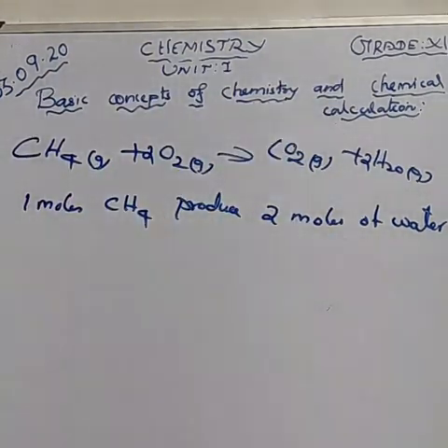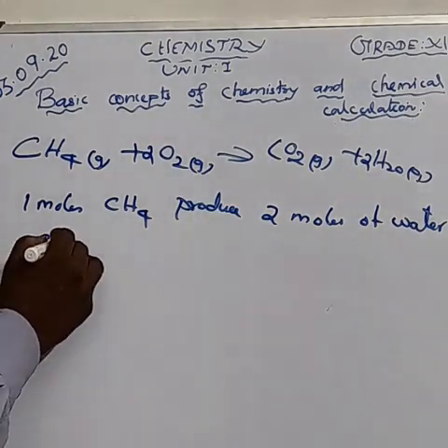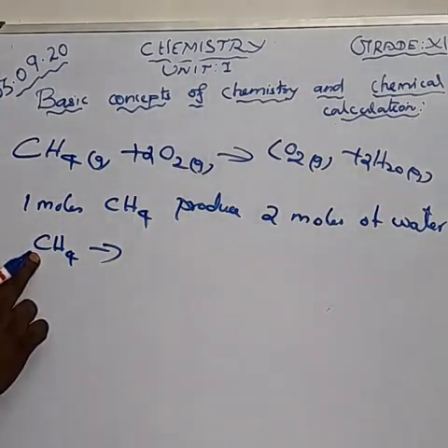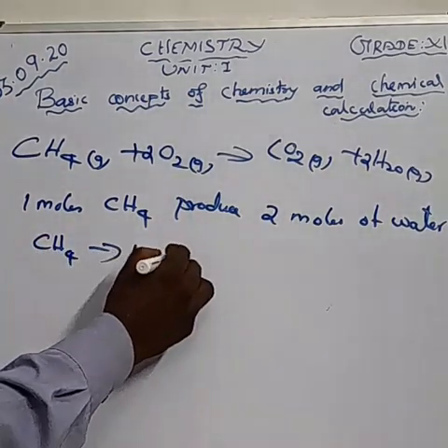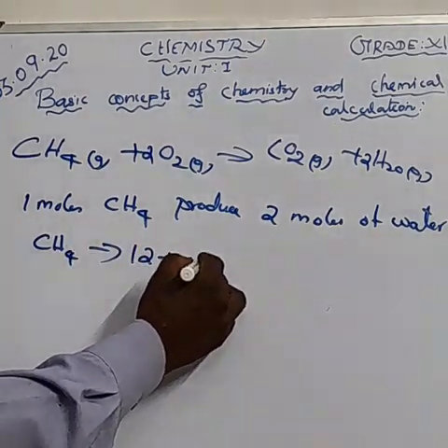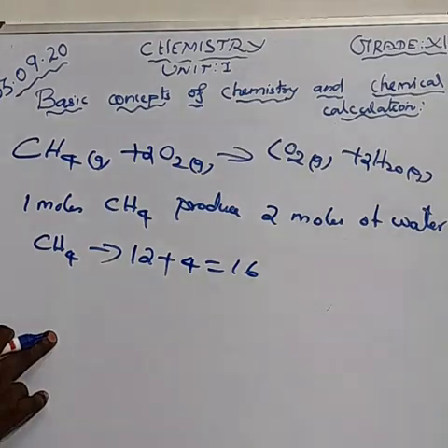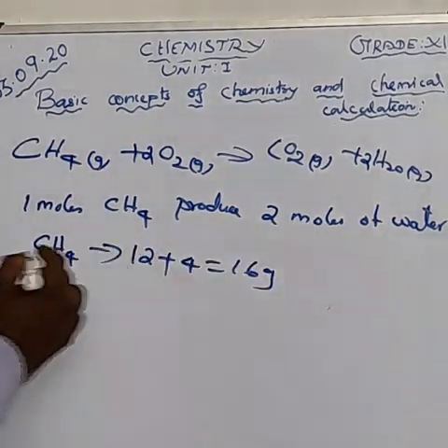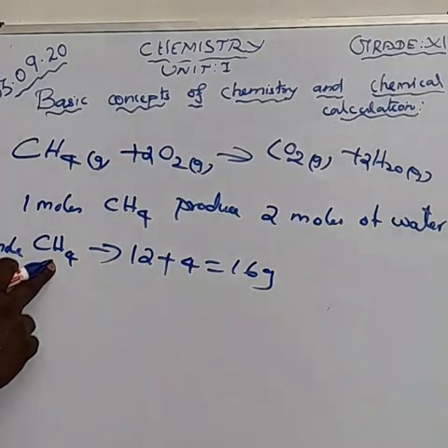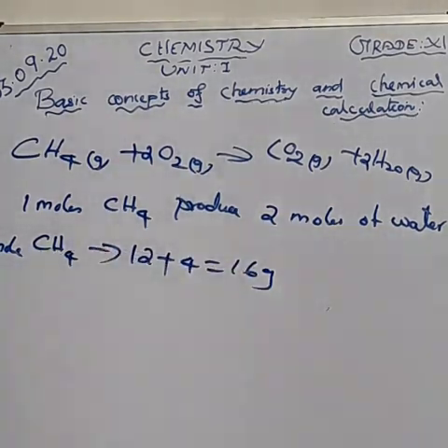Here, first you find out 1 mole of methane is equal to how much? What is the atomic mass of carbon? 12, plus hydrogen 4, is equal to 16. So 1 mole of methane is 12 plus 4, 16 gram.